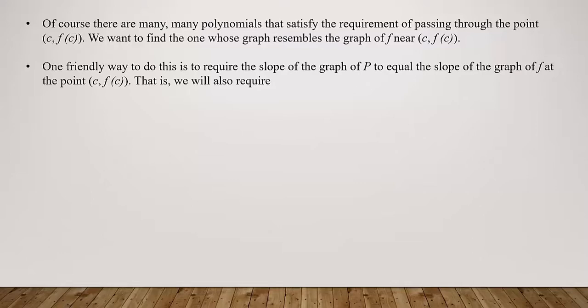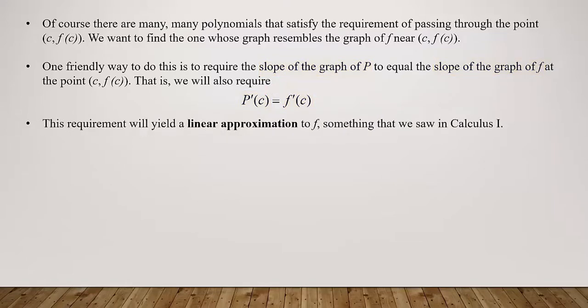So when we say we want the slope of the graph of P to equal the slope of the graph of f, that means we want P prime of C to equal f prime of C. Slope of the polynomial equaling the slope of the function.